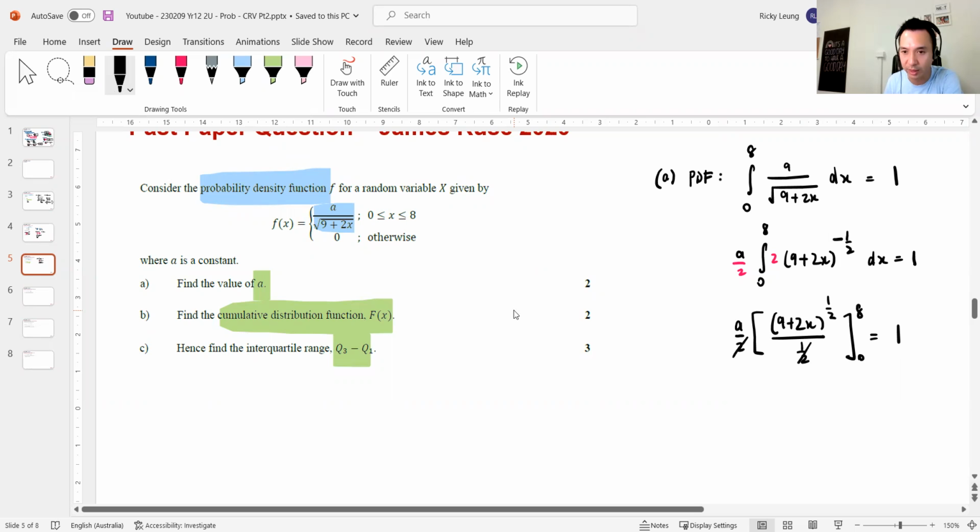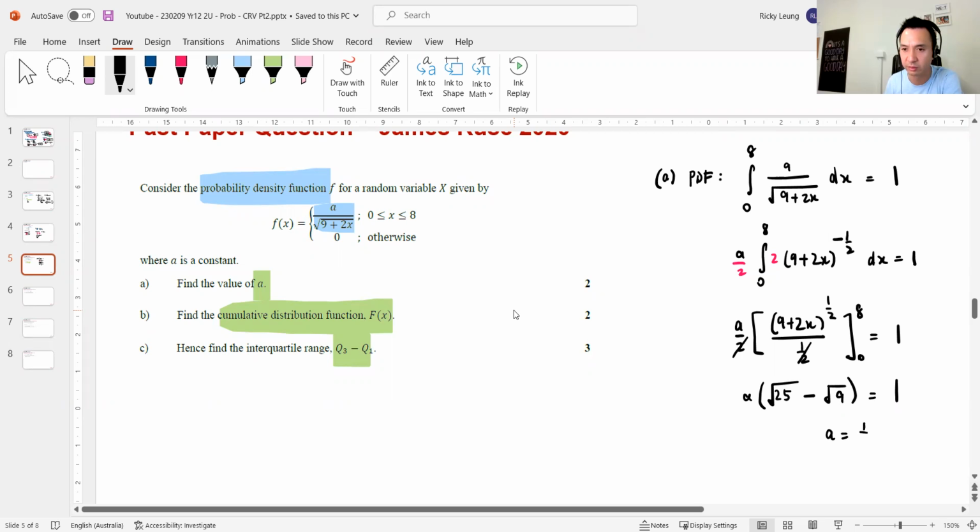That half and that half goes away. So if I sub 8 in, what's that? 16 plus 9, that's 25, square root, minus sub in 0, root 9. It's really nice numbers actually. What's that, guys?